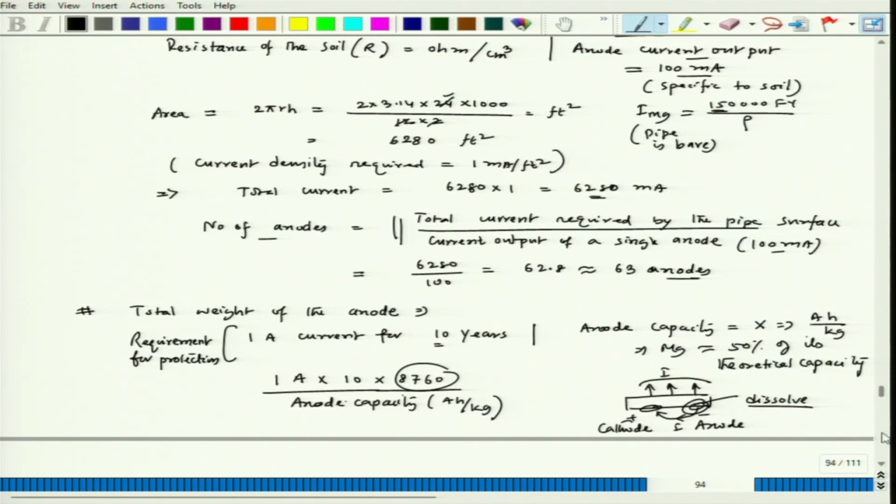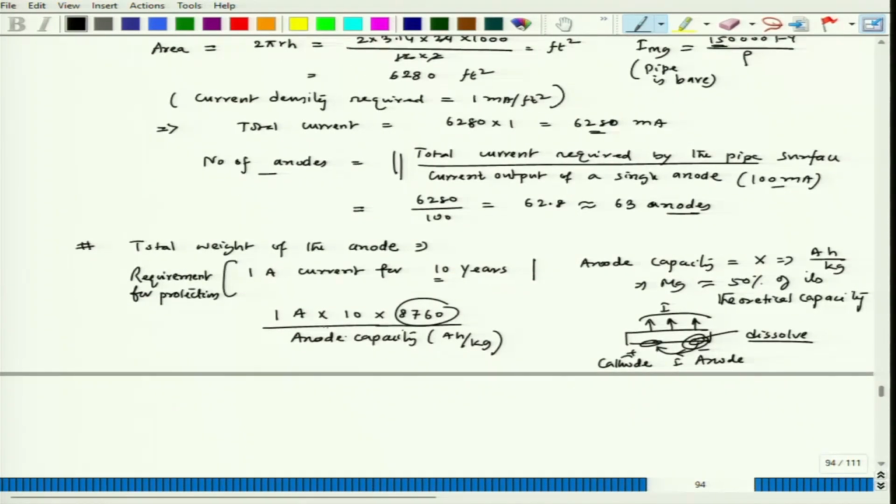This comes because whatever calculation we are doing is on a 1 hour basis. Okay.